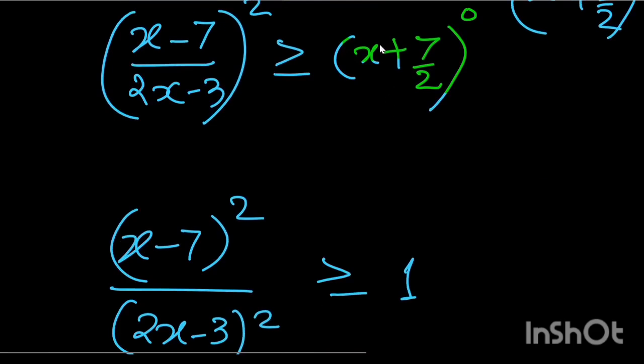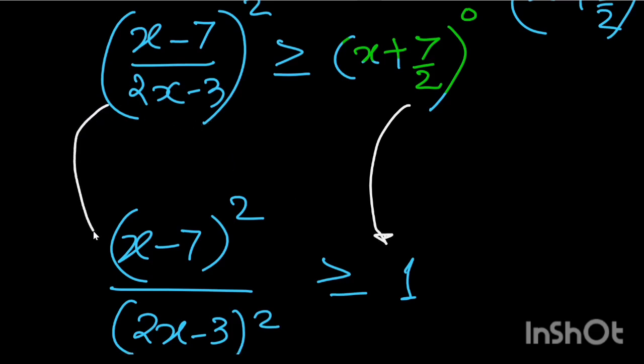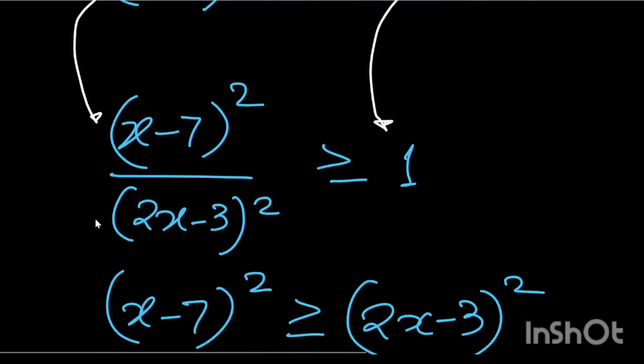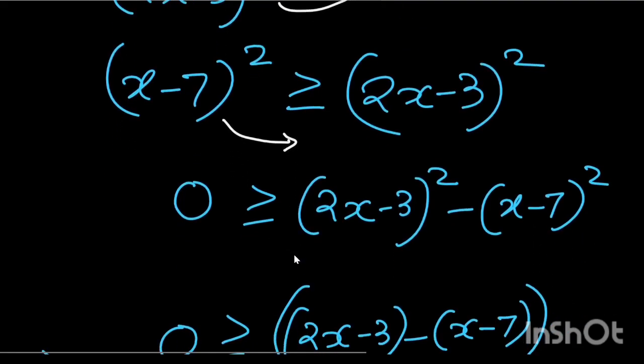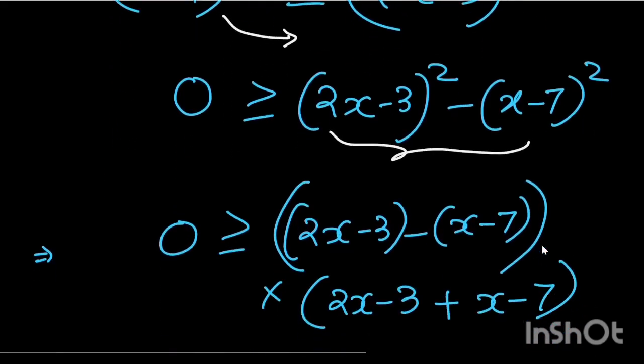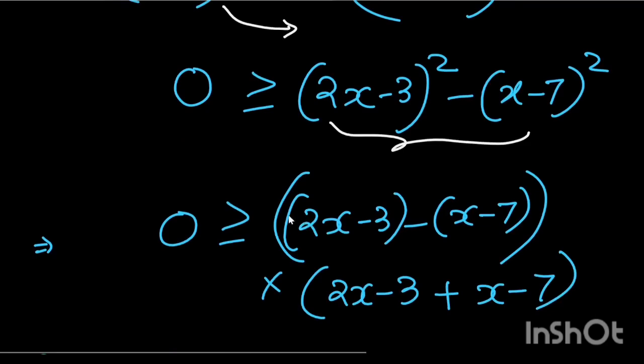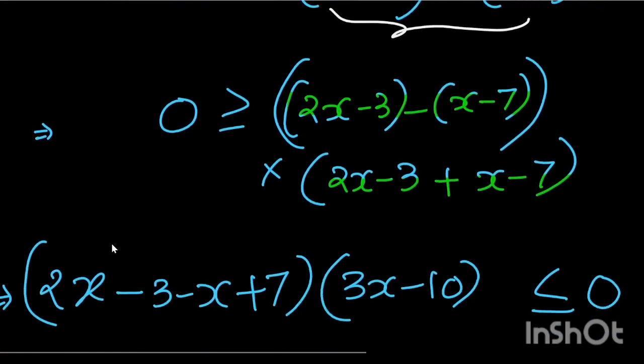So x plus 7 by 2, to the power 0 is what, guys? It is 1 only, and we can split this as separate squares in numerator and denominator, cross multiplying, and then transposing it to the right hand side, x minus 7 whole square, using a square minus b square gives you a minus b, a plus b. So 2x plus x will give you 3x minus 3 minus minus 10.